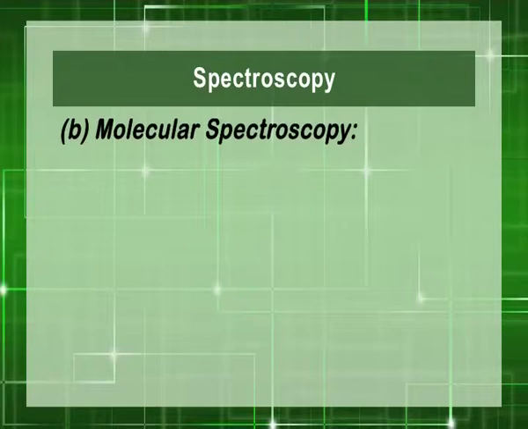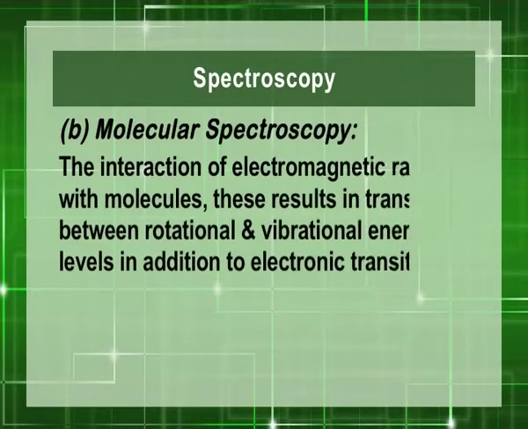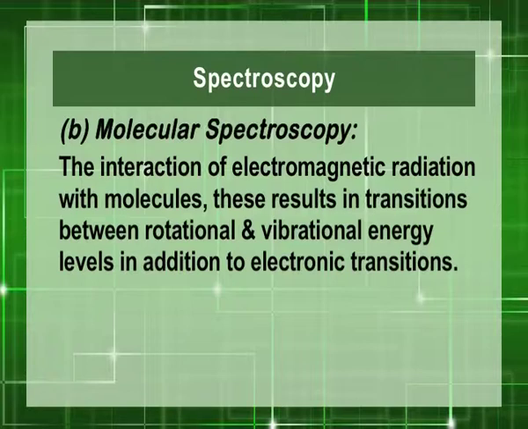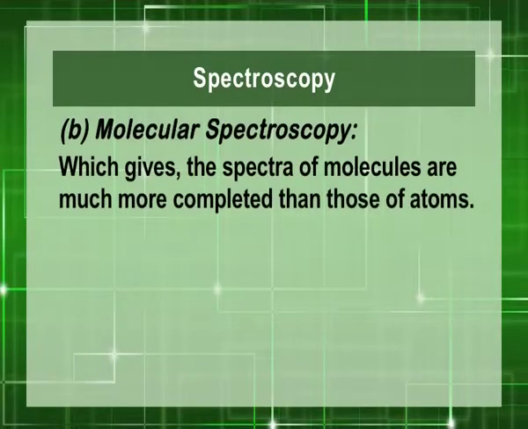Application of atomic spectroscopy in the field of physics and chemistry are few. However, its demand has increased by the development of lasers. Coming to molecular spectroscopy, the interaction of electromagnetic radiation with molecules results in transitions between rotational and vibrational energy levels in addition to electronic transitions, which makes the spectra of molecules much more complicated than those of atoms.